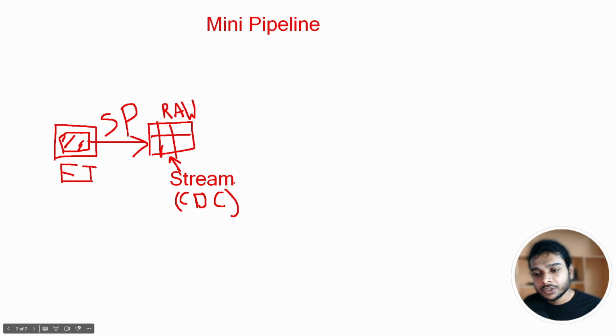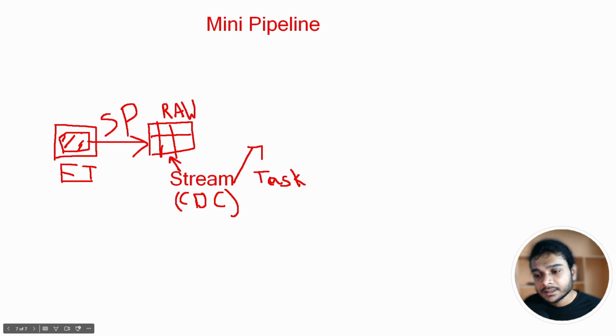And then I'm going to use task right here. By the way, we can only capture the changes using the stream that we created, but we cannot capture all the data in that particular raw table in this stream. So we need task for that.